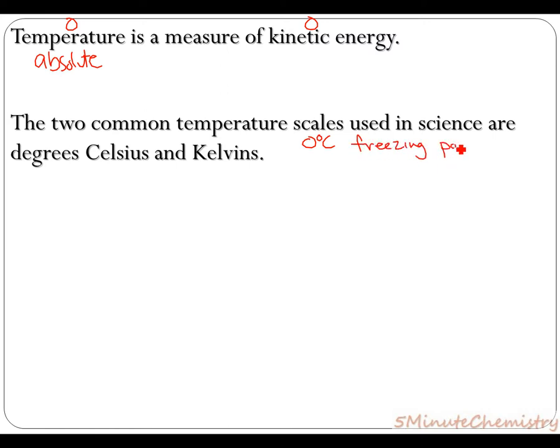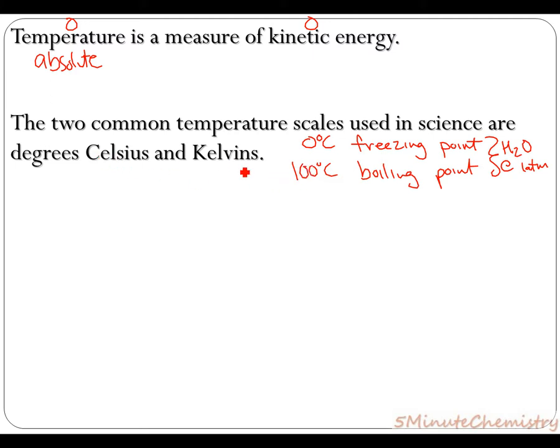This is where ice melts and where liquid water freezes. Another very important point is 100 Celsius, the boiling point of water. Specifically, these are for water at 1 atmosphere of pressure. So standard pressure conditions, 0 freezing point, 100 boiling point.